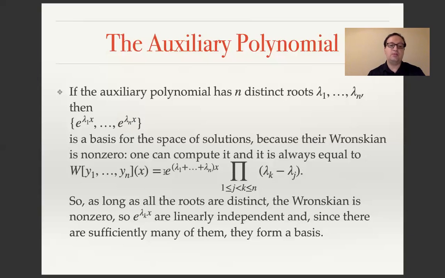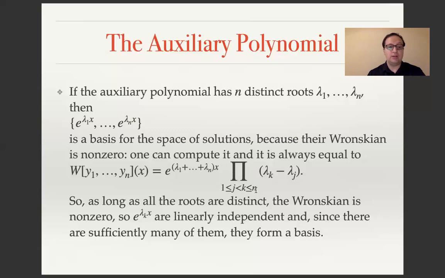So it's equal to e to the sum of lambda 1 up to lambda n times x, and then times the product of all the differences between the roots. So the product of lambda k minus lambda j over all distinct values of j and k between 1 and n.